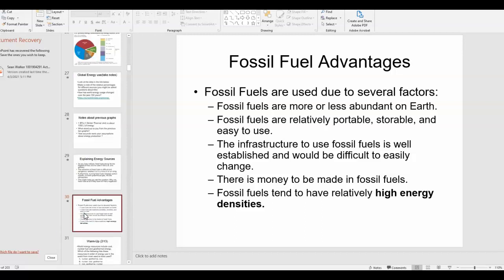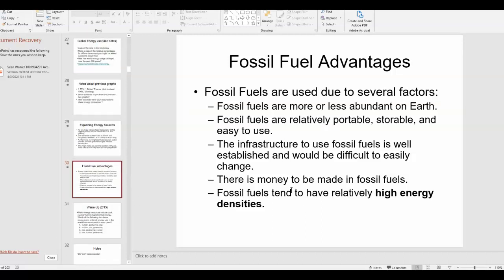Now, another advantage, actually, but before I talk about energy density, one thing that comes up when we talk about global warming and climate change is the fact that coal is probably the worst thing you could burn as far as producing dangerous chemicals and greenhouse gases like carbon dioxide.